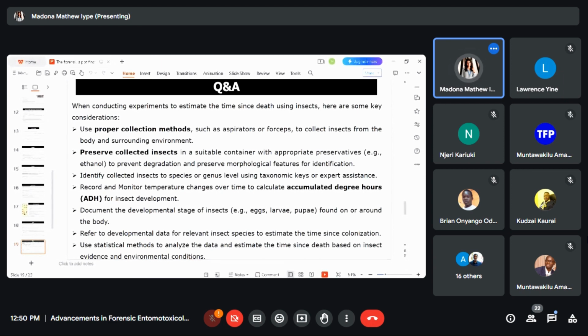Then record and monitor temperature changes to calculate the ADH for insect development. Then document the stages of decomposition, and document the developmental stages of insects like eggs, larvae, pupae found around or on the body.